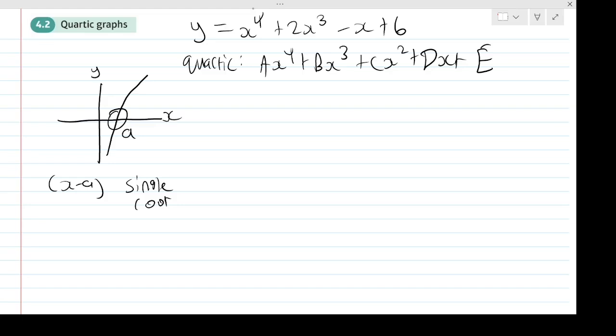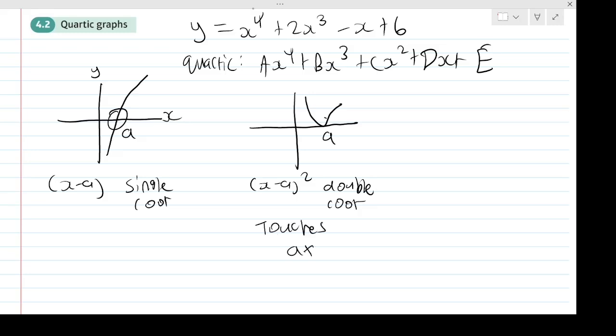But then when we had a double root or a repeated root, so when we had the factor squared, that means instead it touches the axis, so it would look like that. It doesn't go through the axis, it just touches it. So if I write that there: passes through axis, touches axis.